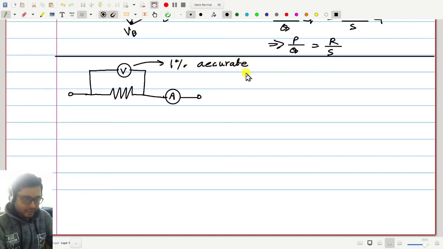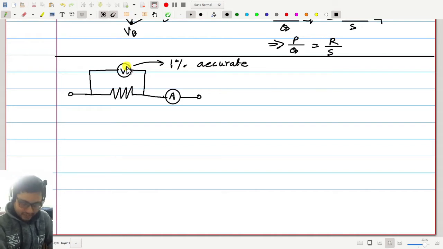Actually, what they mean is not that it is 1% accurate, they mean it is 1% inaccurate, otherwise it is useless. So the specification says 1% accurate. That means that if the true voltage is say 100 volt, then the voltmeter will give a reading between 99 and 101 volt with high probability.